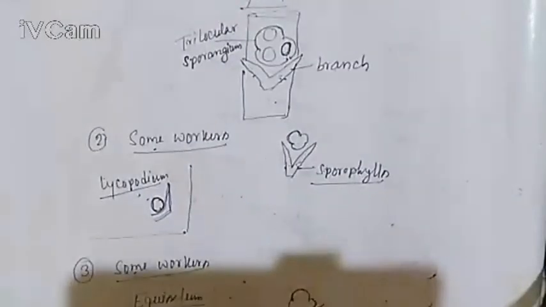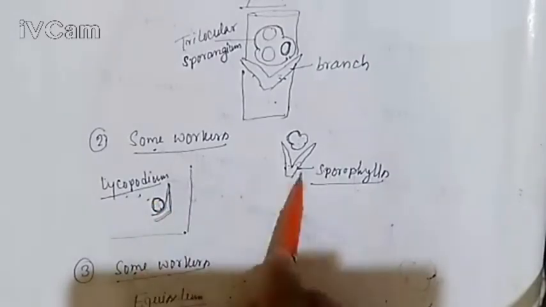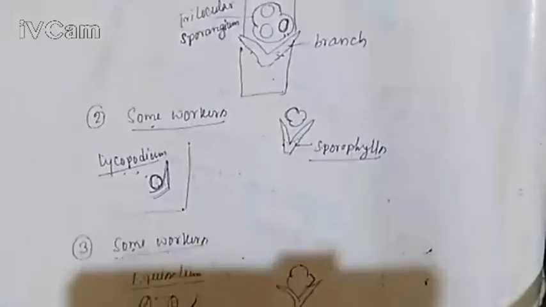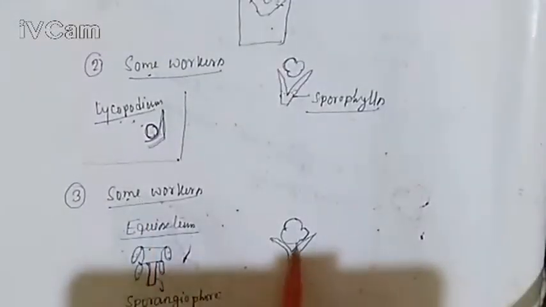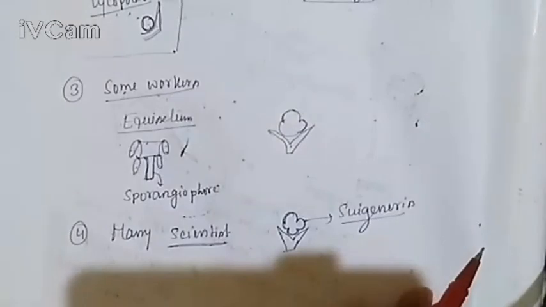But some workers compare it with Lycopodium, a single sporangium with a single sporophyll. They compared it with Psilotum. Another team of workers compare it with Equisetum. But which one is correct we don't know. You are also confused now.